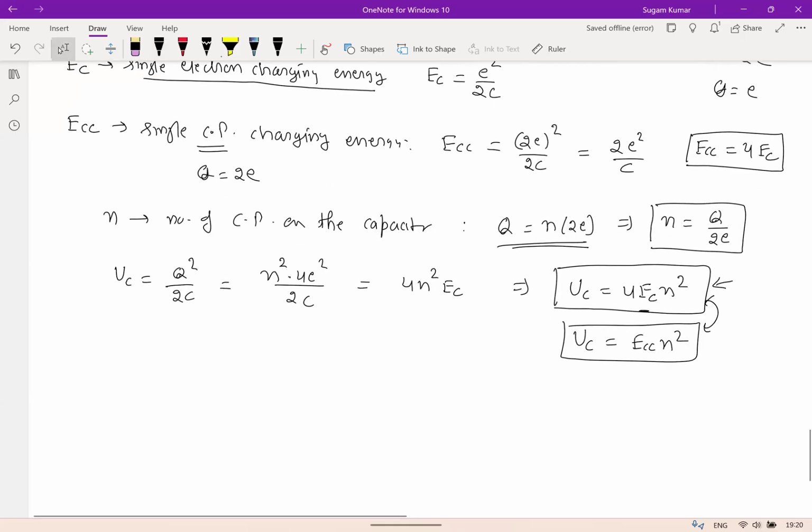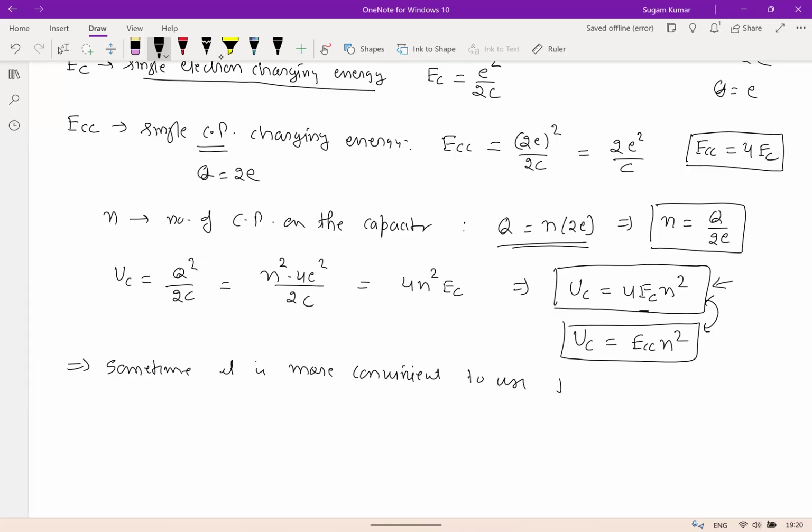And further, one more line you can add. Sometimes it is more convenient to use the superconducting phase as a variable, superconducting phase as a quantum variable.